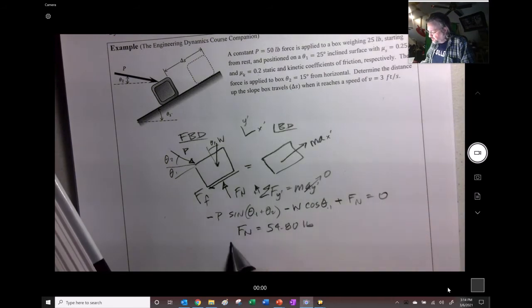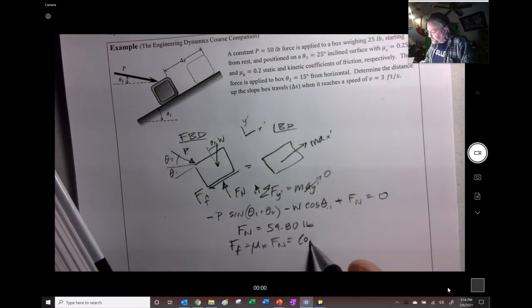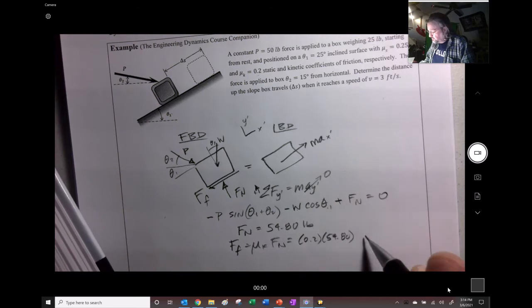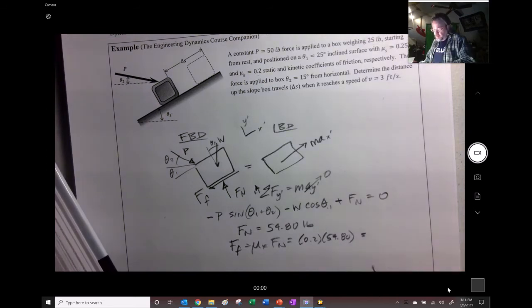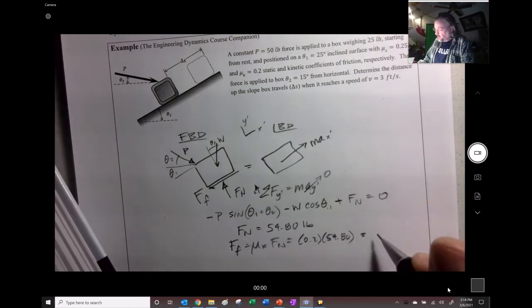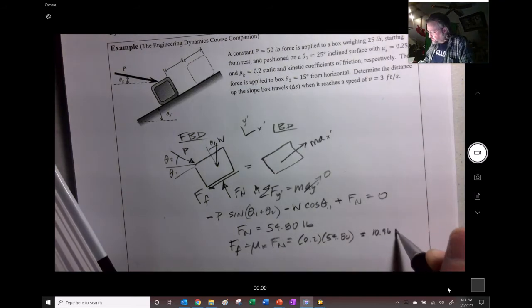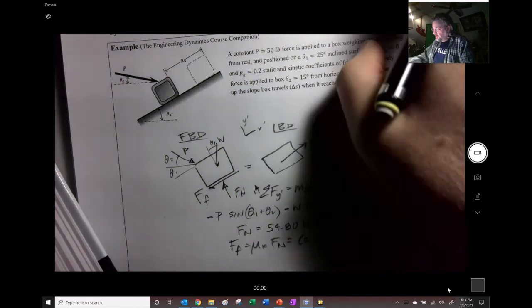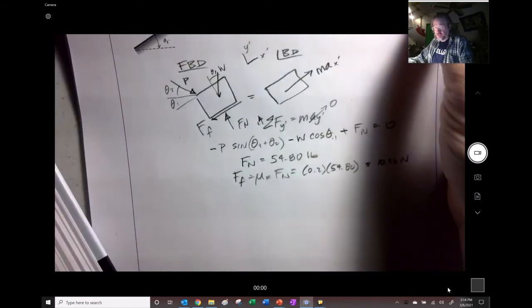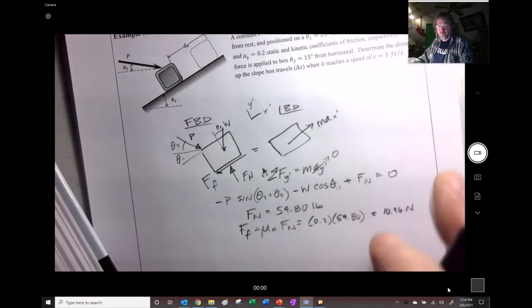We know the coefficient of friction times that is 0.2 times our 54.8. So we end up with, I think, 10 point something, 10.96, okay? And so now we want to do our impulse and momentum.